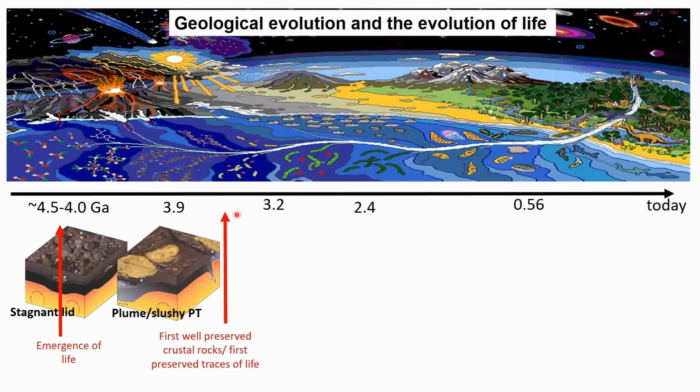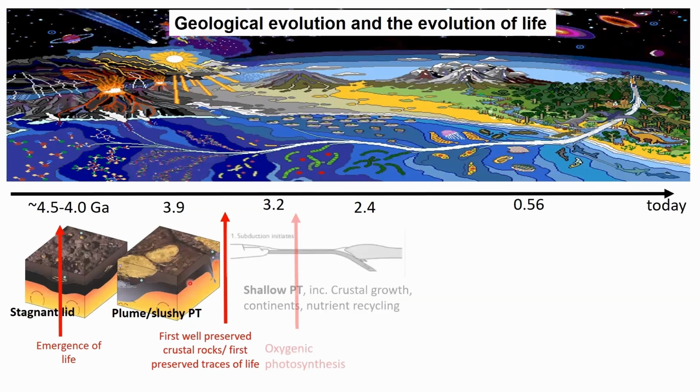The oldest well-preserved crustal remnants occur in this period, where we have plume tectonics, or what some geophysicists call slushy plate tectonics, and I think Lena Noack will talk about that a little bit later. I've seen her name on the list. This eventually developed into shallow plate tectonics, where we start getting crustal growth, growth of continents, and also nutrient cycling.